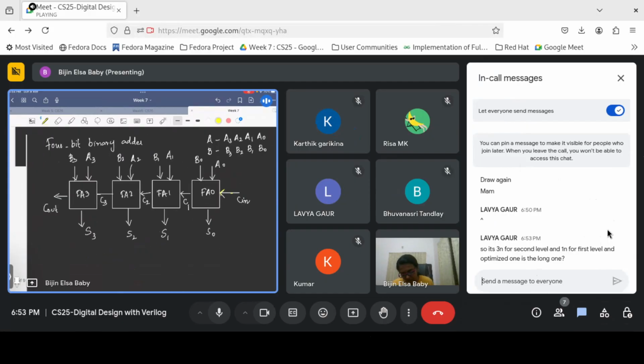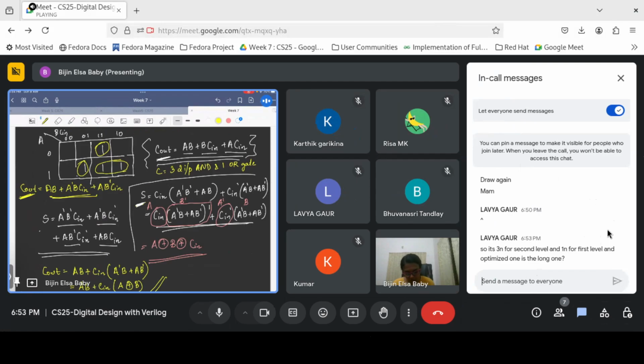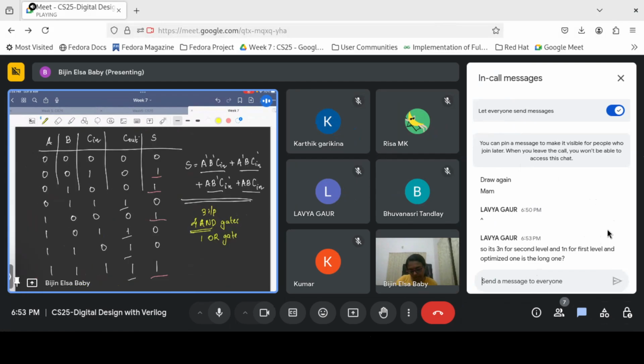What I was talking about, the optimization, I will generally include the pattern. So for sum and carry, including the optimized design, it will be like this: you will have A bar, B, C, and so on. Okay. So if you consider 1 nanosecond for all the gates as delay, then it will be 2 nanoseconds, right?